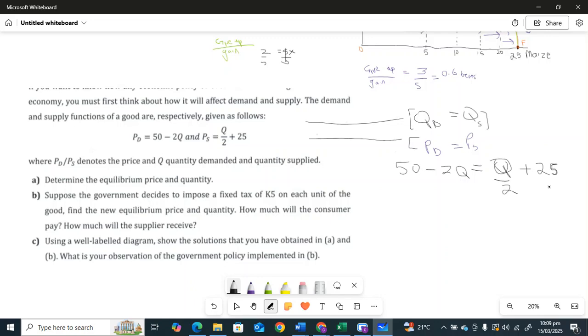All right. So you equate the equations, all right? When you have a fraction like this, you can do this. This is like 1Q divided by 2, so you can say 1 divided by 2, 0.5. So this becomes 0.5Q.